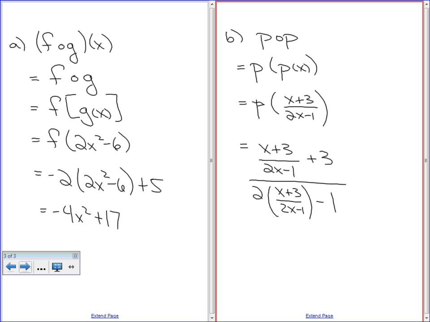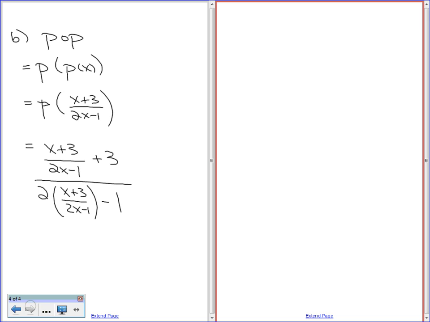Now it's a matter of simplifying this rational expression. So to simplify the rational expression, I'm going to need to find a common denominator. So the common denominator on the top is 2x minus 1. So I need to multiply 2x minus 1 on the bottom here, and if I do that, I have to multiply it on the top.